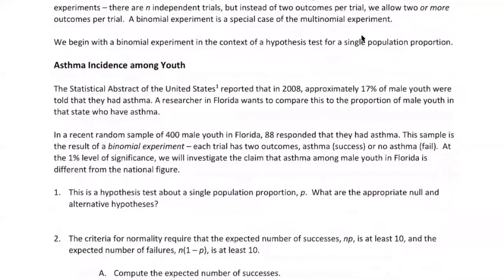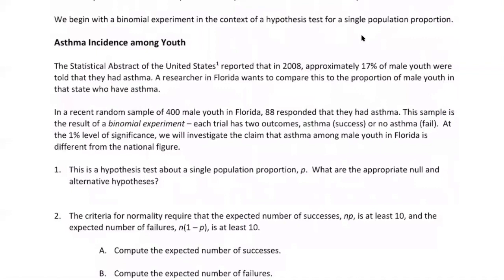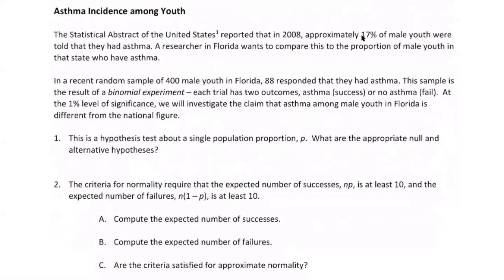This is under asthma incidence among youth. The Statistical Abstract of the United States reported that in 2008, approximately 17% of male youth were told they had asthma. A researcher in Florida wants to compare this to the proportion of male youth in that state who have asthma. In a recent random sample of 400 male youth in Florida, 88 responded that they had asthma.